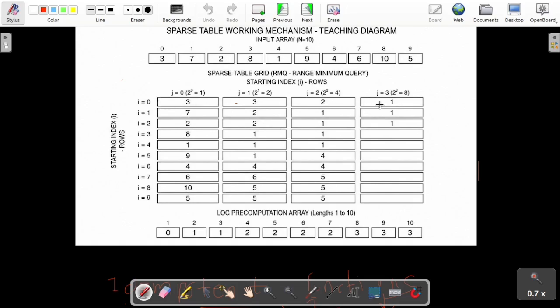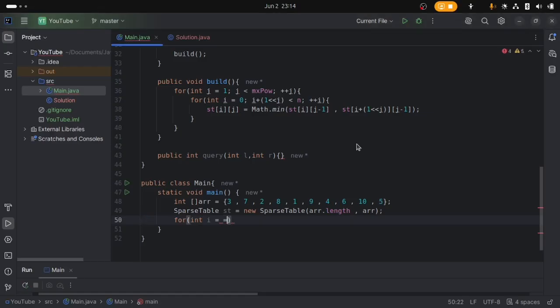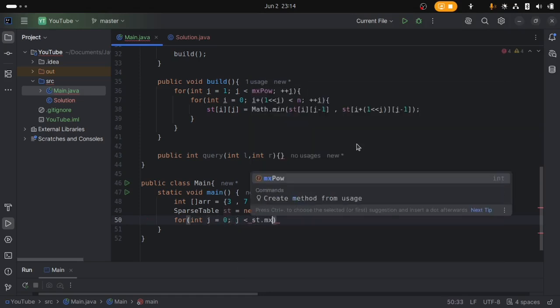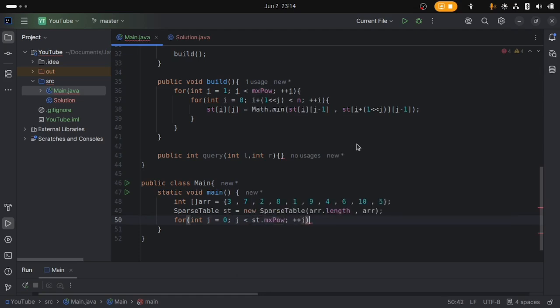Here we will print: for j equals 0, j must be less than st.maxPower, j plus plus, for i equals 0, i must be less than n, i plus plus.